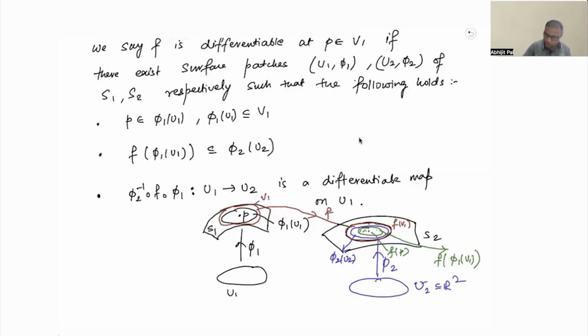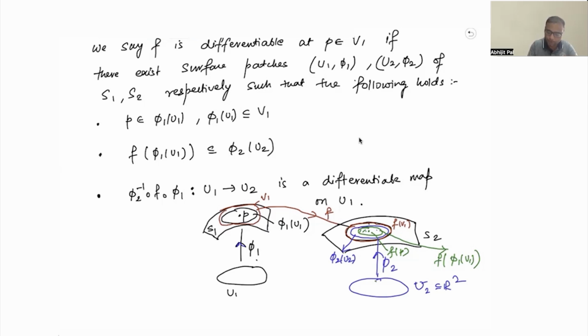So this composition, if I go like this, first phi 1 and then f, and then you take phi 2 inverse, this composition makes sense.